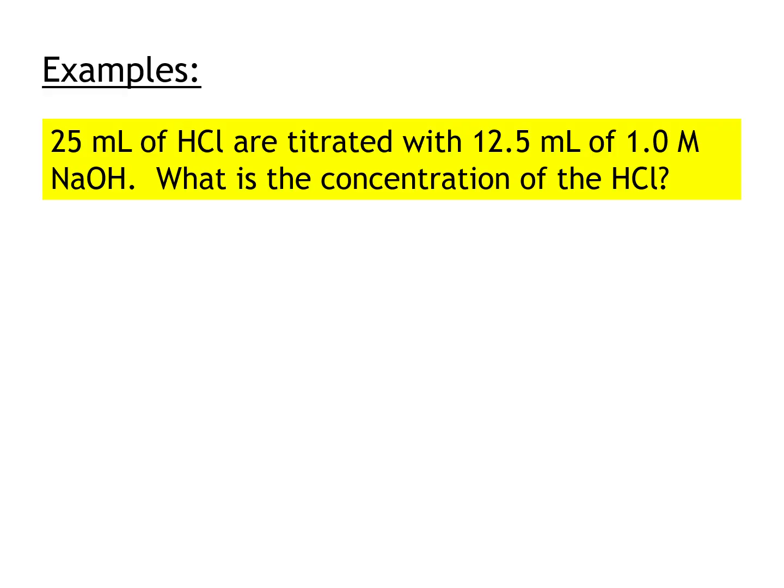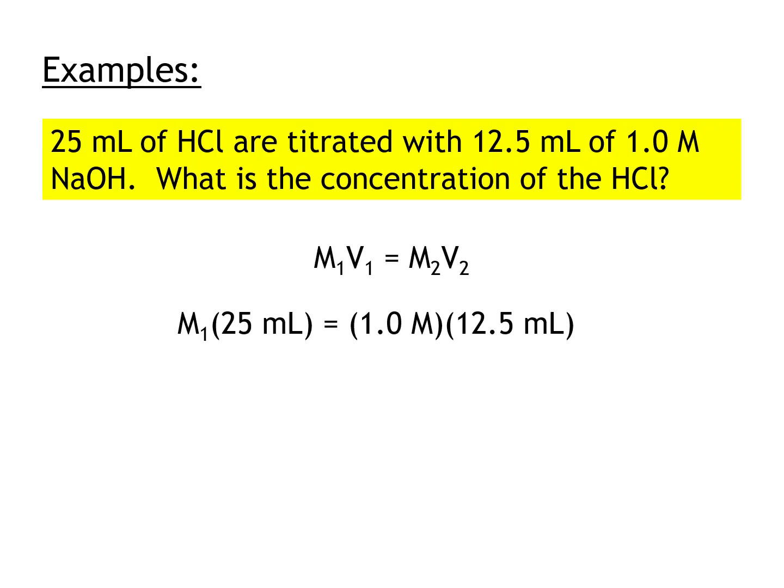For an example, we have 25 milliliters of HCl titrated with 12.5 milliliters of 1 molar sodium hydroxide. What is the concentration of the HCl? We know that the unknown concentration is the HCl, so we're just going to leave that as M1.